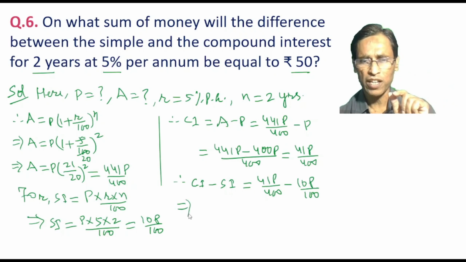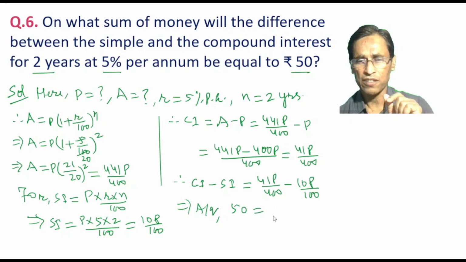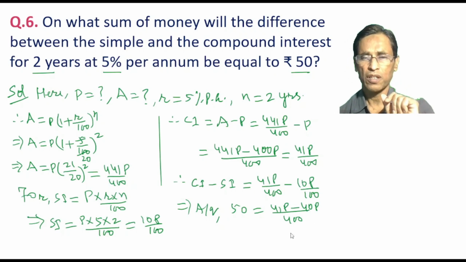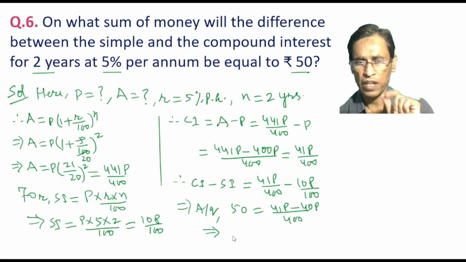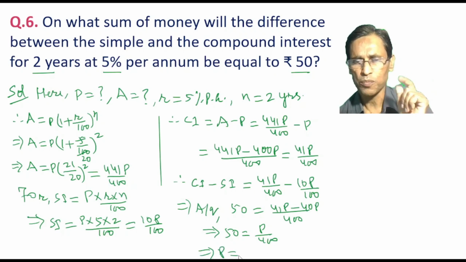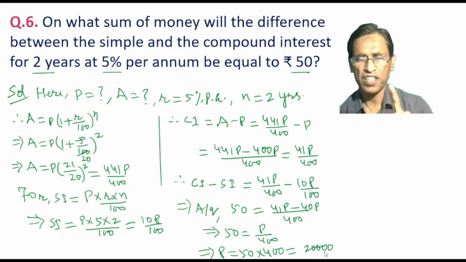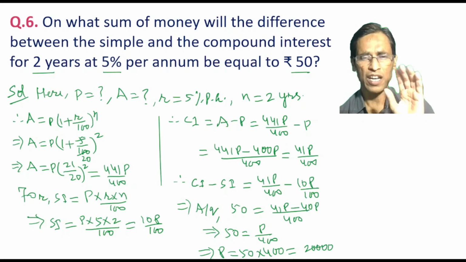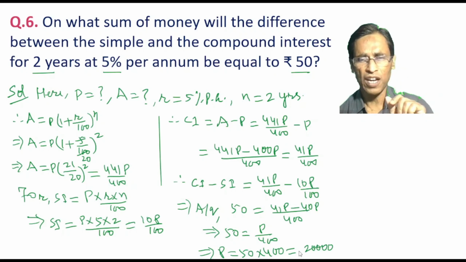So according to the question, we can say 50 equals, in the RHS, 41P minus 40P, which is P, and so P by 400. Now it is an equation in P, so we solve it for P. That is P equals 50 into 400, which is 20,000. So the principal which was unknown, now it is known, rupees 20,000. Thus the principal is rupees 20,000.